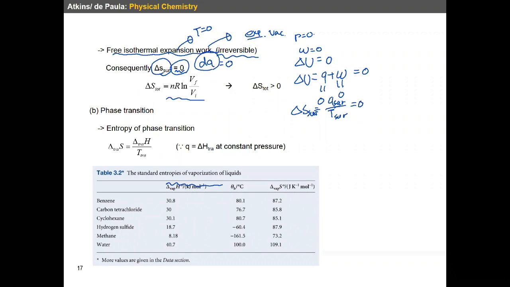And because this is an irreversible process, this should be larger than 0.